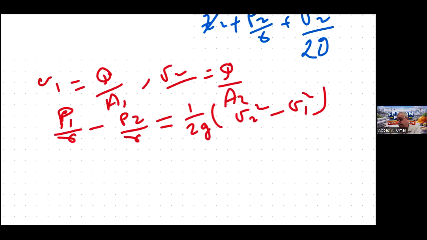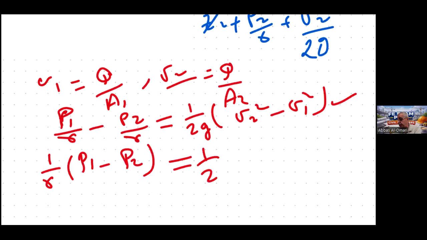Now I will simplify the equation, plug in the numbers, and get the final answer for Q. So I have P1 minus P2 over gamma equals 1 over 2G, and V2 square is Q square over A2 square minus Q square over A1 square.